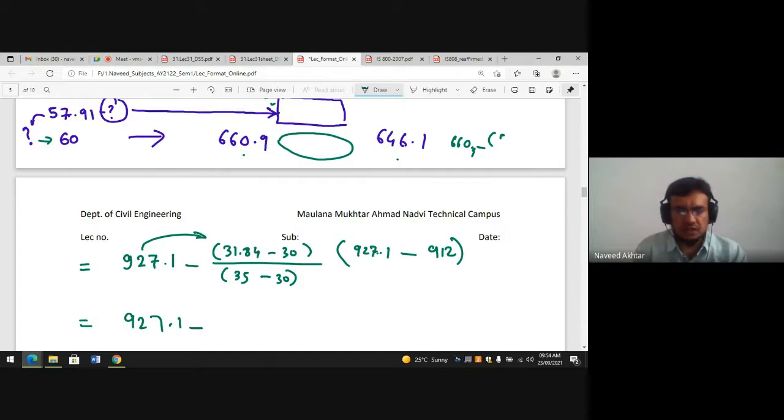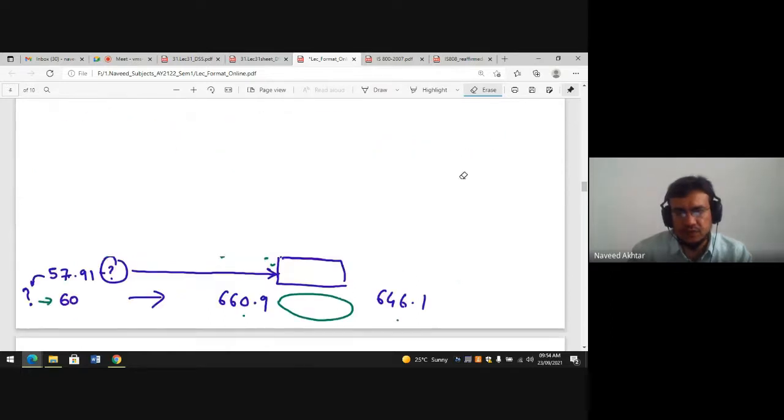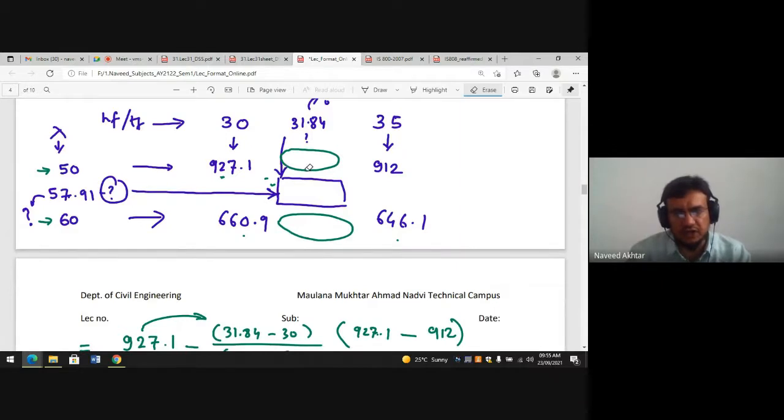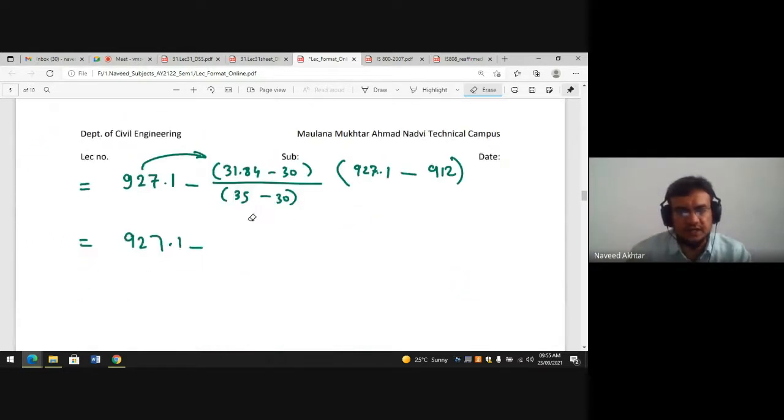Again do the interpolation, I made a mistake here, so please correct it, because I am interpolating this final value between these, so 30 and 35 and 31.84. Interpolate between these, write down, recalculate. 31.84 minus 30 is 1.84, sorry, this is 1.84, this is 5 difference, and this difference is 15.1.